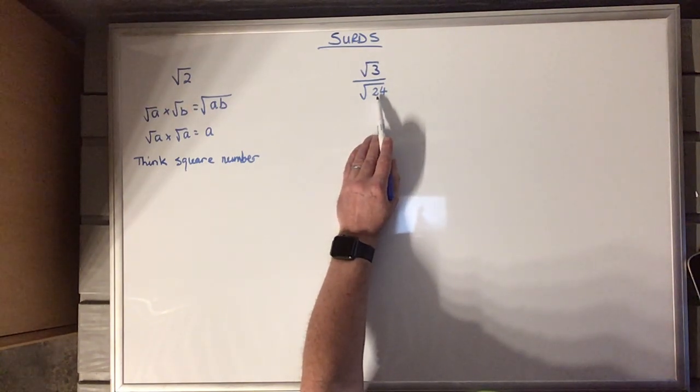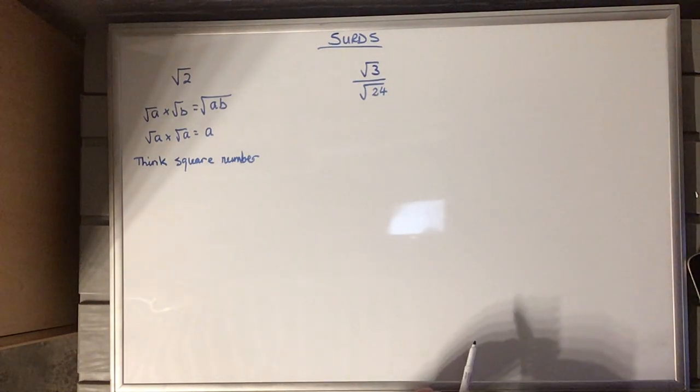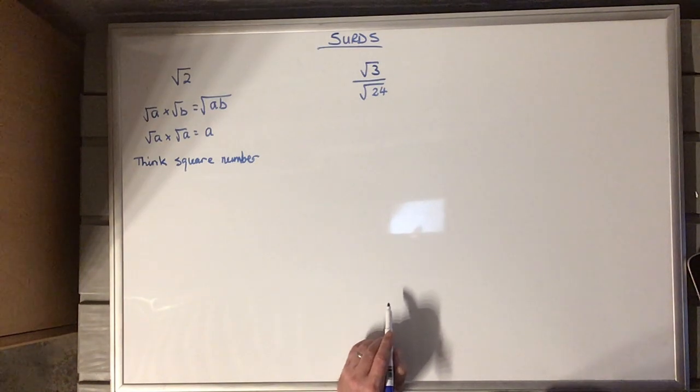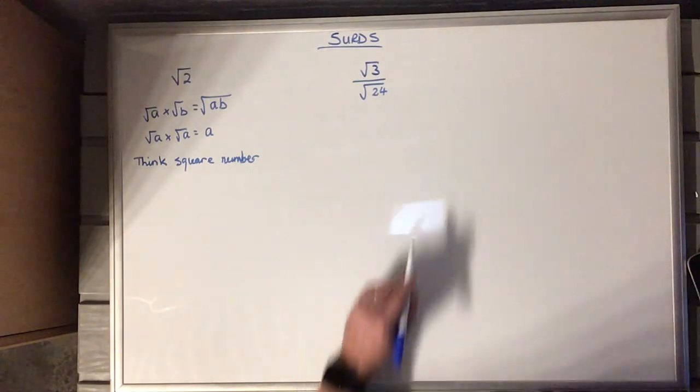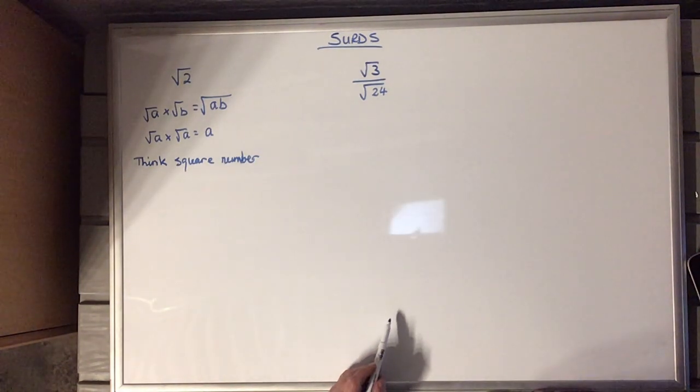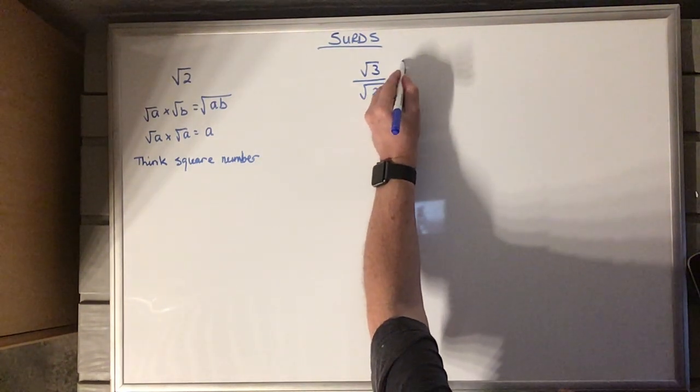Now rationalising the denominator means that you don't have any roots, you don't have this root sign in the bottom. So we have to get rid of that and then simplify it as much as we can. Now the easiest technique to use for this is multiplying top and bottom by root 24.